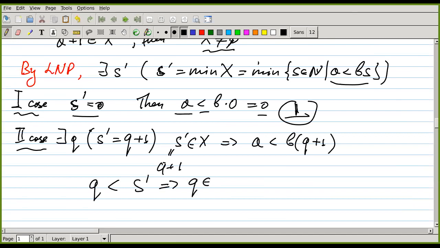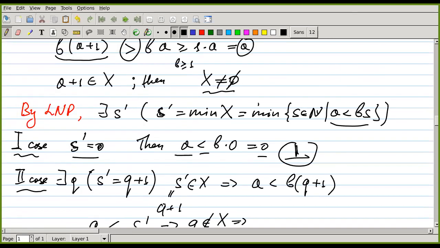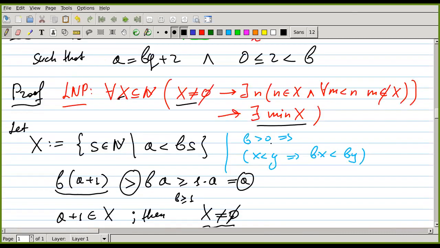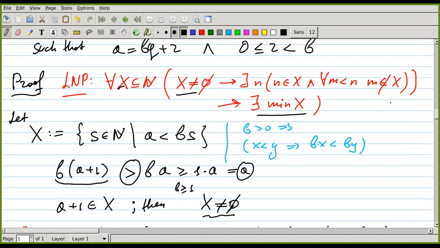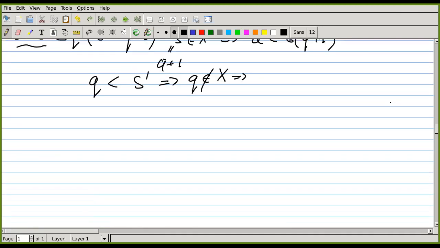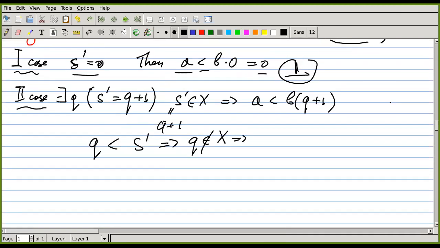So q does not belong to X, because s prime was the minimal, the least number in X. Is it clear? No less number belongs to X. Yes, it's clear.